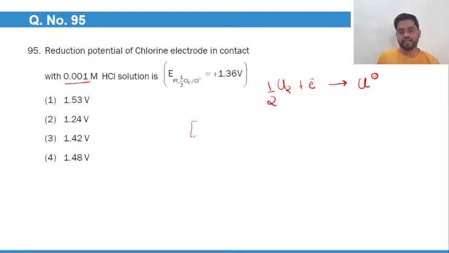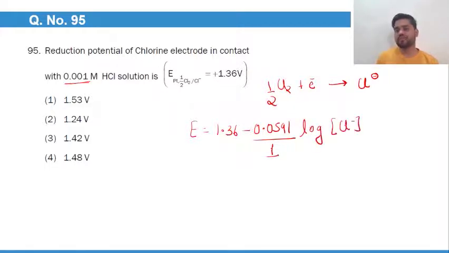So the EMF of the cell will be 1.36 minus 0.0591 divided by 1, because the number of moles of electron is 1, log of the concentration of Cl minus ion. Because the pressure is not given, we'll take 1 atmospheric pressure, so it will remain 1, and root of 1 is always 1.